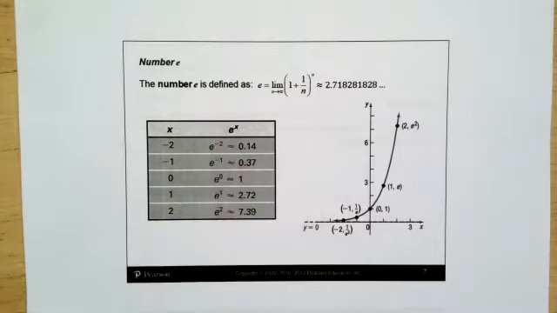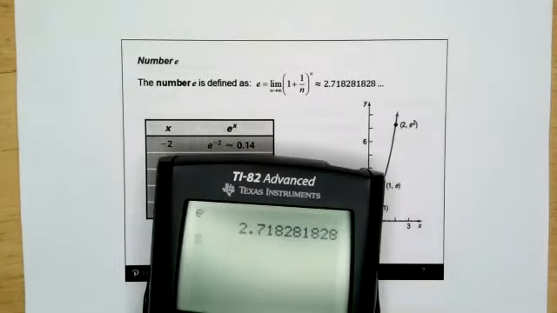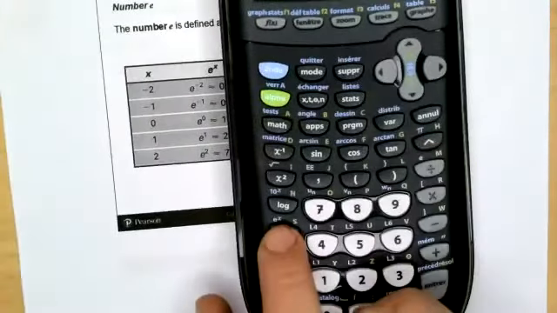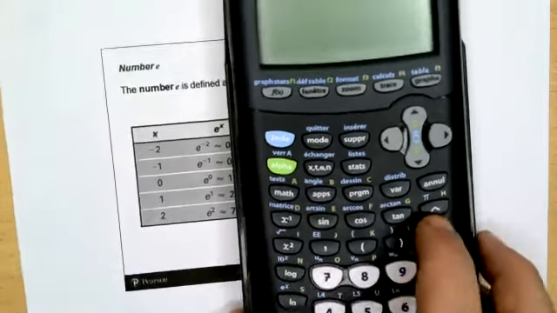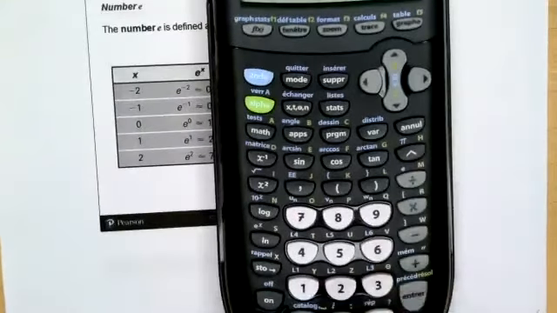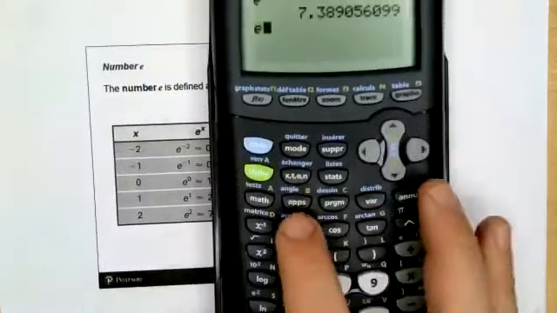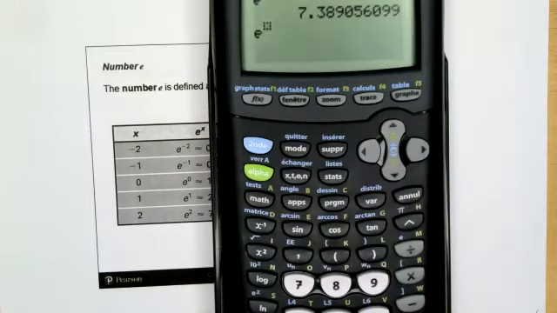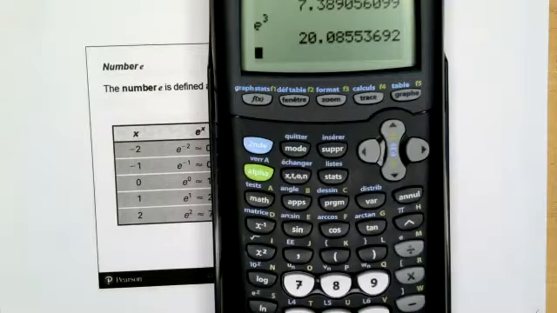So e squared is a button on your calculator. Or you can just say e raised to. Yeah. So you want to be able to do that.